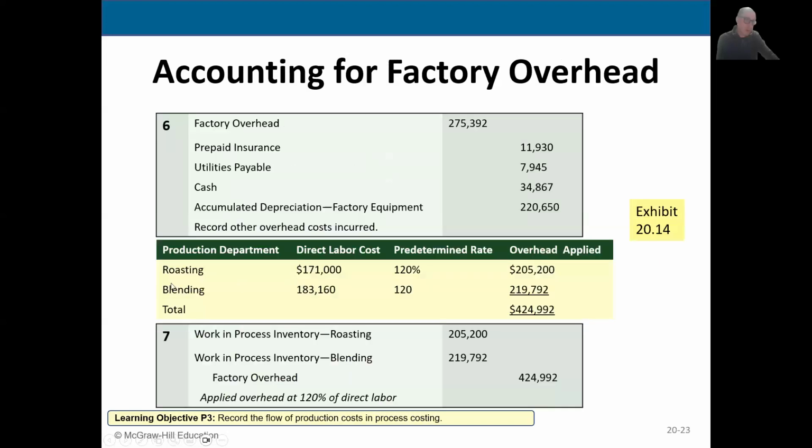And then, of course, we have our additional factory overhead, insurance, utilities, looks like we paid some stuff, depreciation, etc. So we debit factory overhead and we credit all of those accounts.